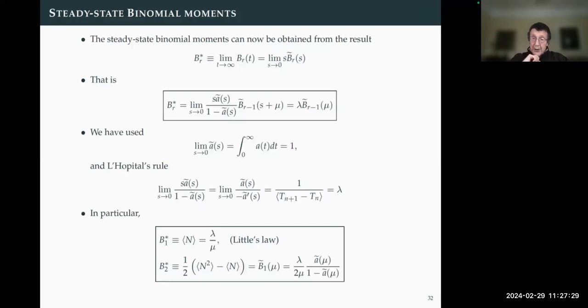So let me just summarize the result. Not surprisingly, the steady state statistics is going to be given by the mean rate of arrival divided by the mean rate of utilization. And that's actually a general result called Little's law for queuing theory. So now you can see that if you go back to the search and capture model, mu is going to be the same, let's assume it's the same for all the targets.